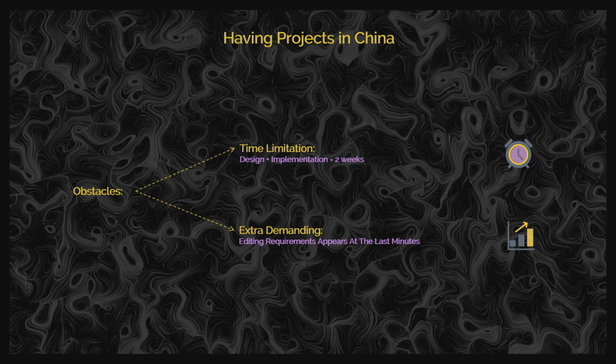But the limitation of time becomes an obstacle. Usually we have two weeks to finish a project, like the car launch event. And at the end of each project, the client keeps coming with more requirements, extra demands at the last minute.